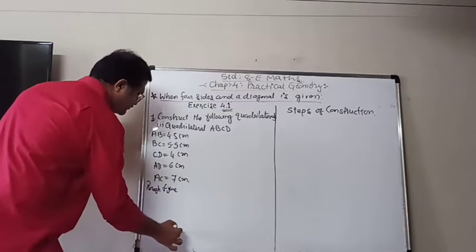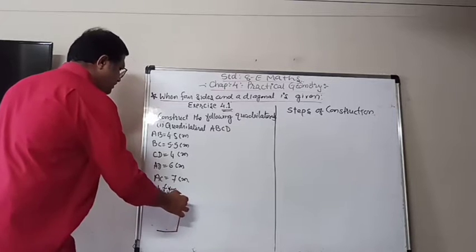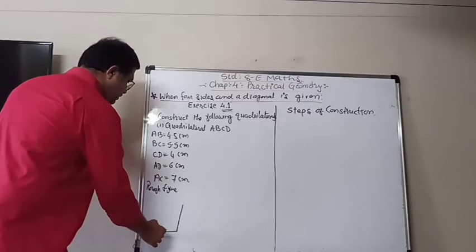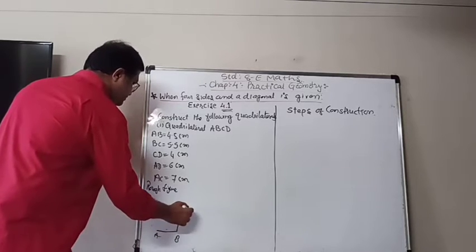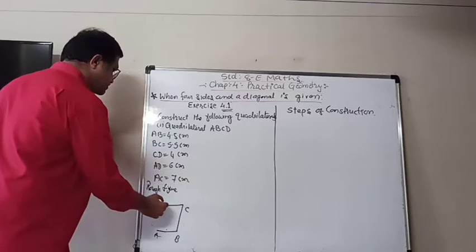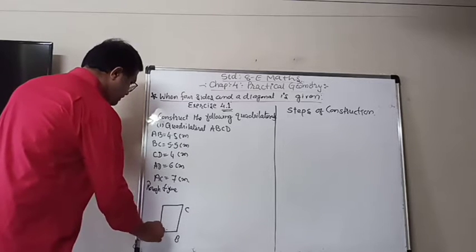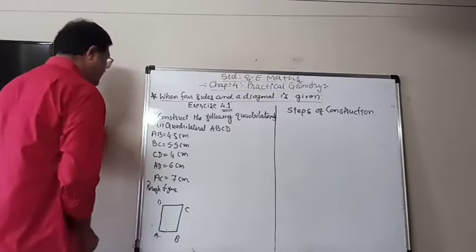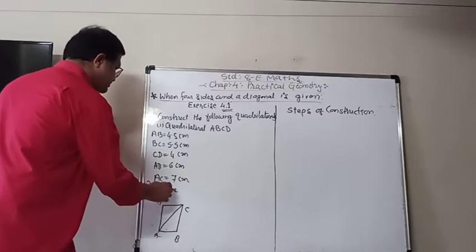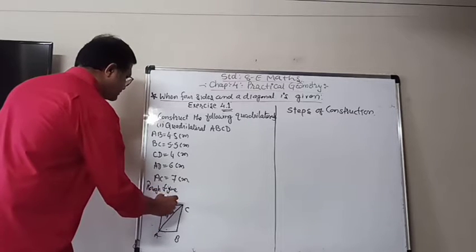AB is 4.5, then BC is 5.5, a little longer, then CD is 4 centimeters, so it is a little smaller, and then BA will be like that, and the diagonal AC is given as 7 centimeter. So we will put the measurements there also.